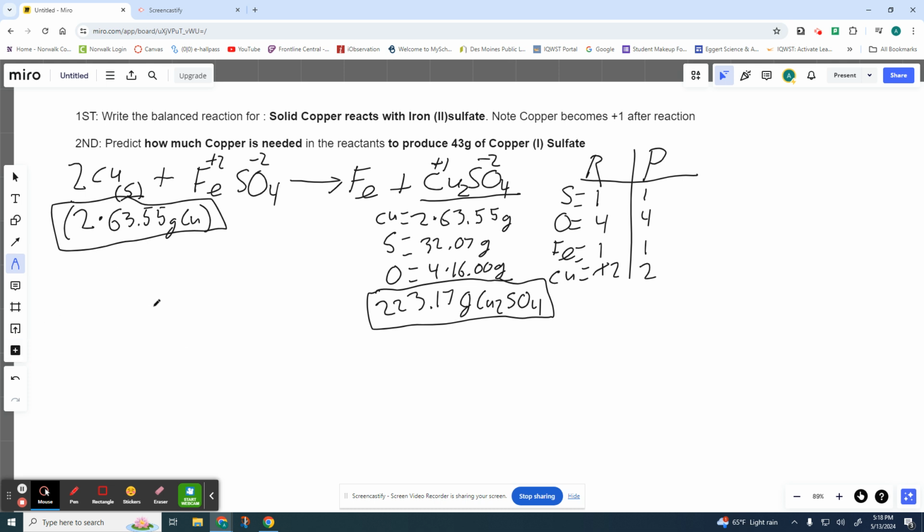Now, if you go back to the prompt, we want to know how much copper is needed to get 43 grams of the copper 1 sulfate. So I'm going to use the classic unit multiplier strategy. Start with what I have in my possession, and that's 43 grams of copper 1 sulfate.